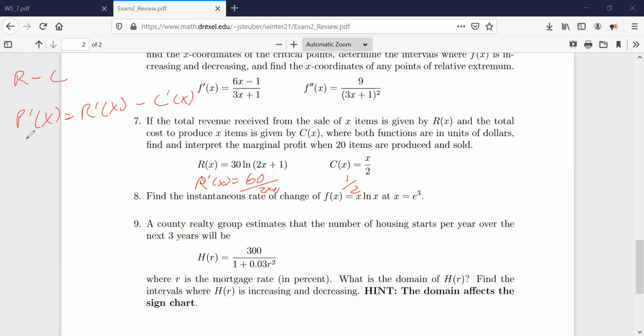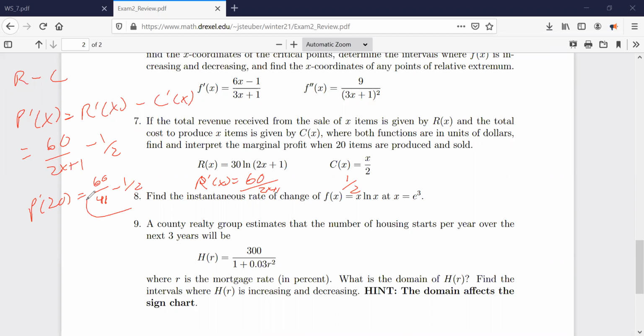So if we set this up, the derivative of the profit is equal to this right here. Find and interpret the marginal profit when 20 items are produced and sold. So p prime of 20 is equal to 60 divided by 41 minus 1/2.